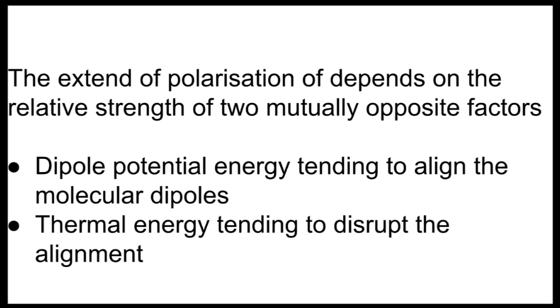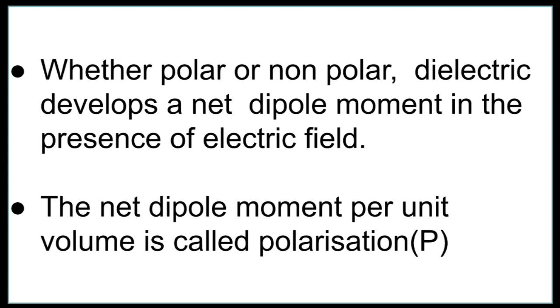So that thermal agitation will be trying to disrupt this alignment, whereas the potential energy due to the electric field will be helping these individual molecules to align in the direction of the external electric field. So the extent of polarization depends on these two factors. But anyway, there will be a net dipole moment in the direction of the external electric field.